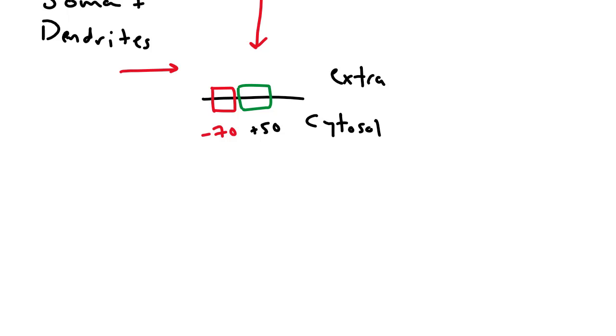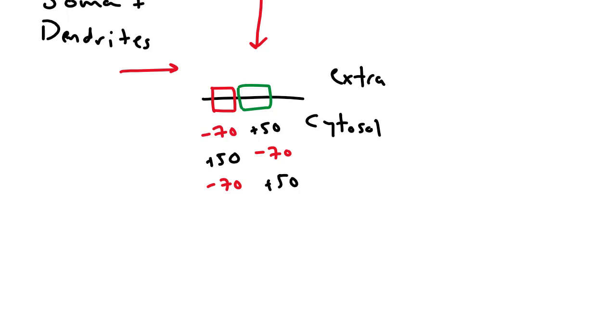And then they'll switch around, meaning that a millisecond later, what you'll have is plus 50 here, minus 70 here, and then a millisecond or so later, you have minus 70 here, and plus 50 millivolts here. These are all in millivolts, I'm just not writing it in. So you have the switching of the membrane potential from resting potential to this depolarized state, okay?